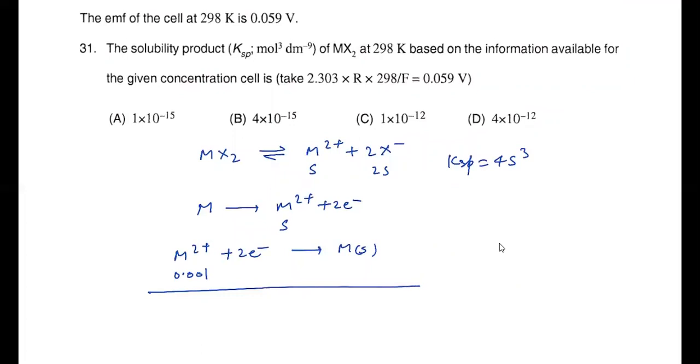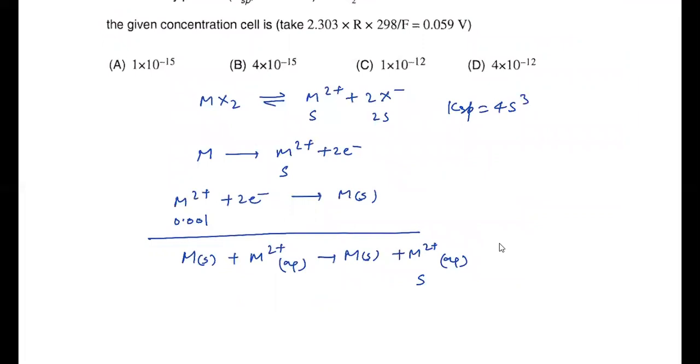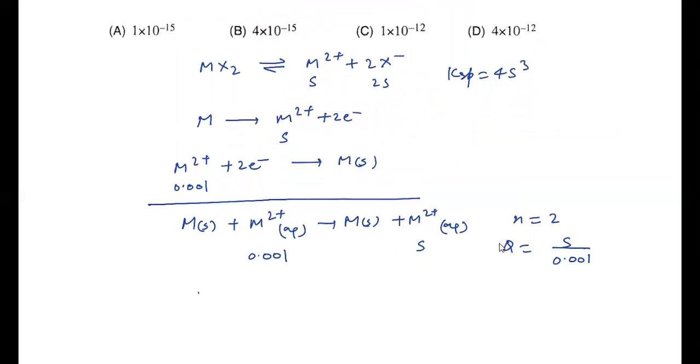So if I write the complete cell equation, it becomes M solid plus M2 plus aqueous gives again M solid plus M2 plus aqueous. It's a concentration cell. This solubility is S, this concentration is 0.001. So for this cell, number of electrons exchanged is 2 and Q value is S upon 0.001. Okay, so now if I write E cell equal to E naught cell, which for a concentration cell is 0, minus 0.0591 by n.